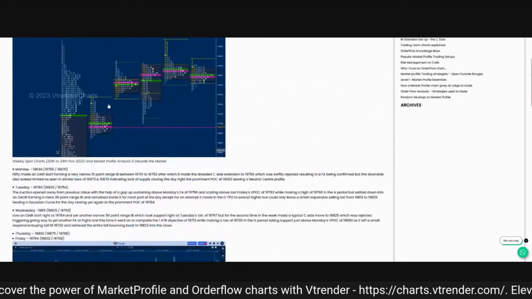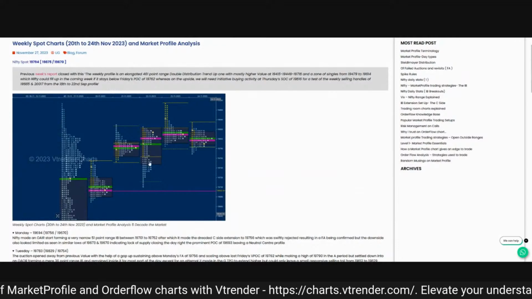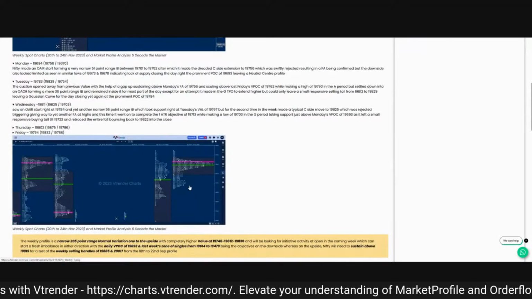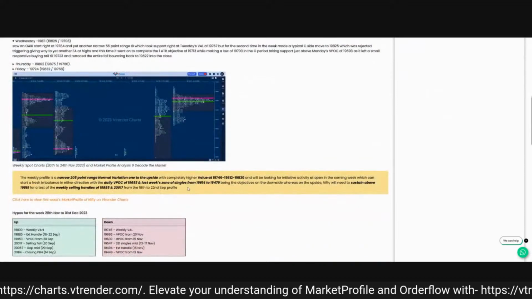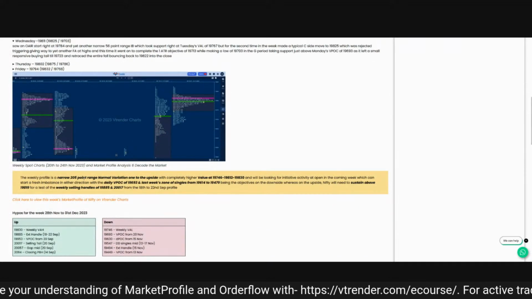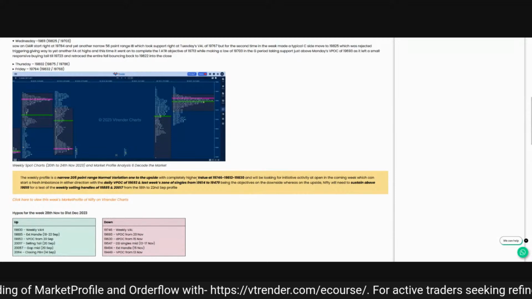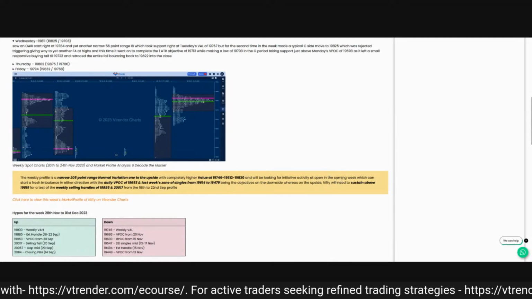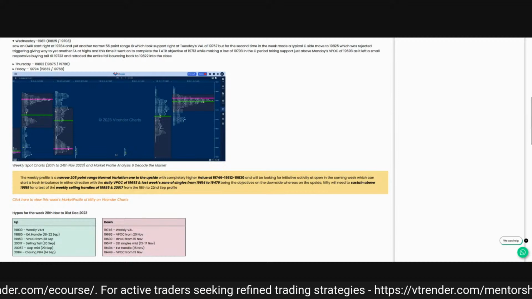So this is the weekly, these are the daily profiles of the week, and here you can find the weekly profile, and then we have a small write-up of what we can expect. So last week was a narrow 205-point range with completely higher value. So we were looking for initiative activity at open, which can start a fresh imbalance.